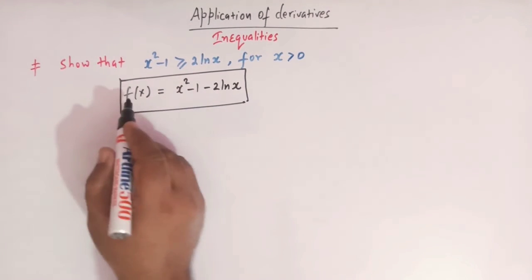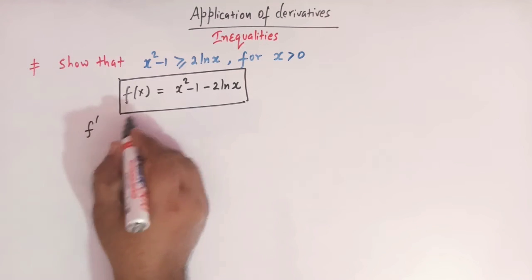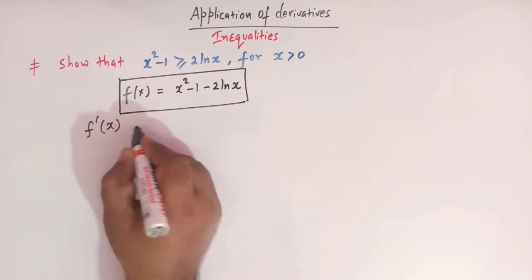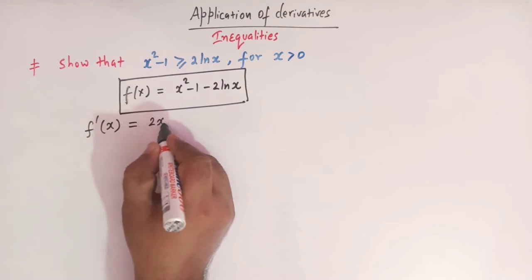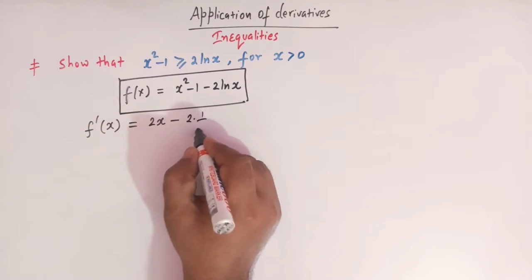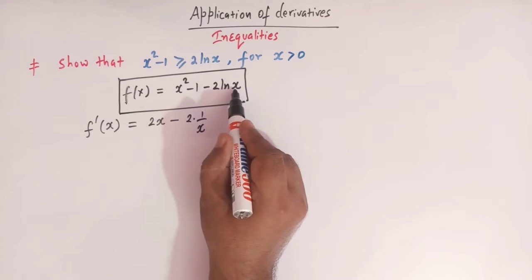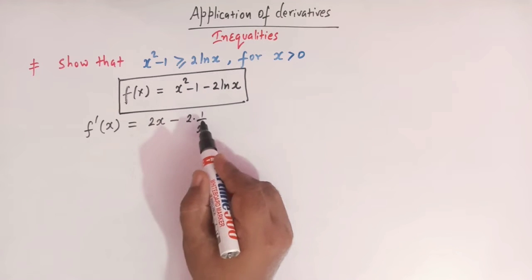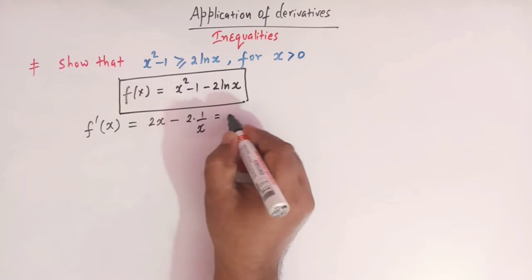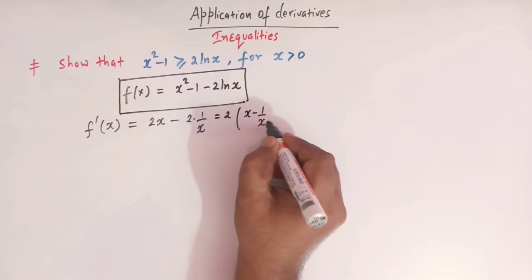So now differentiating f of x with respect to x, we get f prime of x equal to 2x minus 2 times 1 over x. The derivative of x square is 2x and the derivative of log x is 1 over x, right? So we can write it like this: 2 times x minus 1 over x.